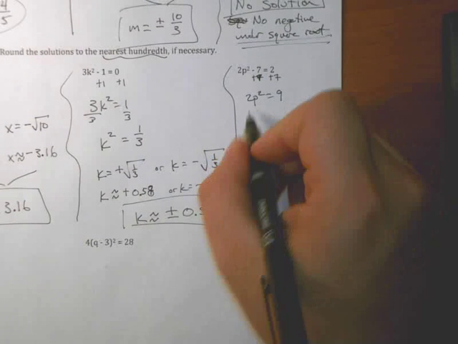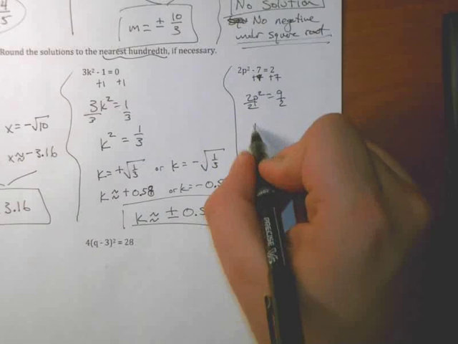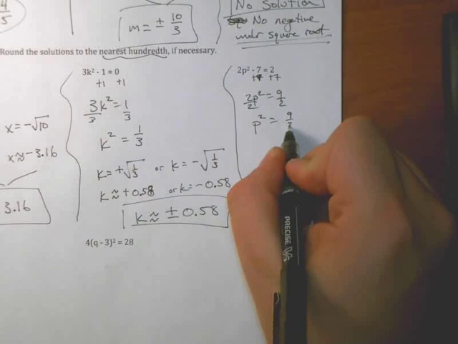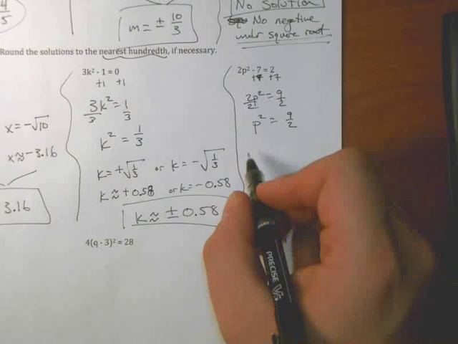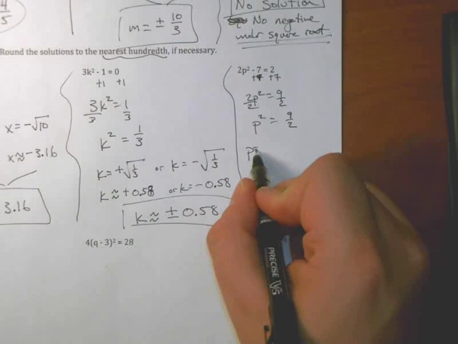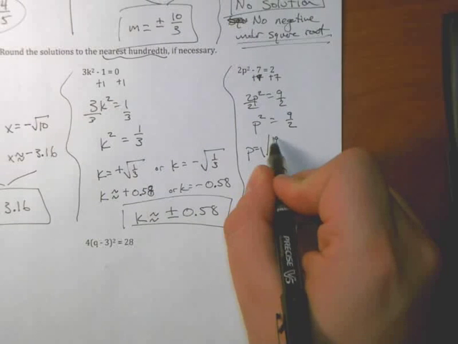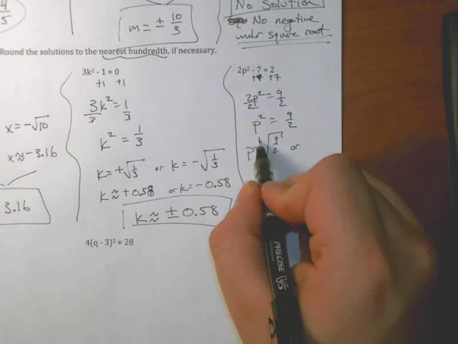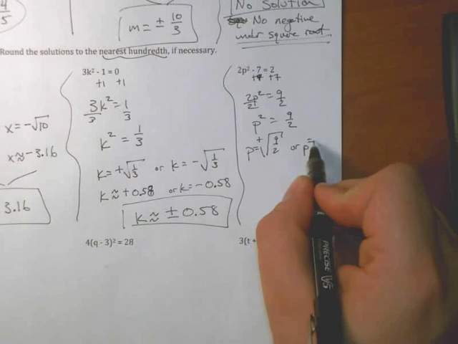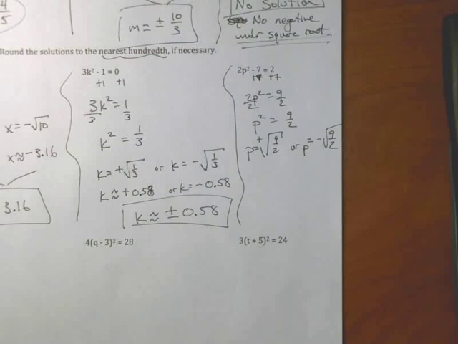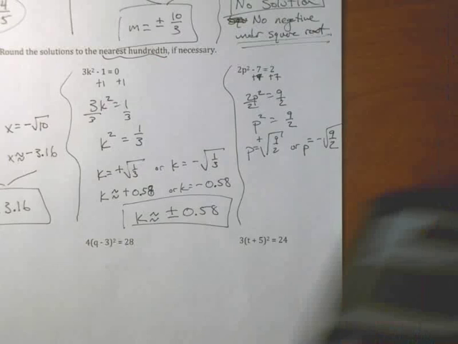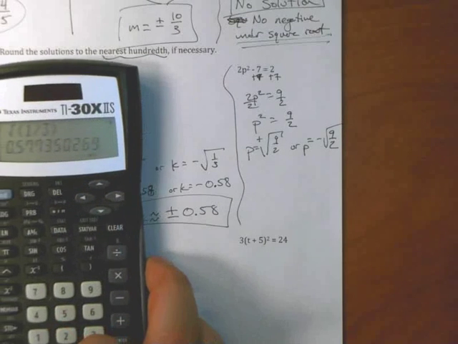For completeness, how about we add 7 to both sides and get 2p squared equals 9, divided by 2, p squared equals 9/2. Find a square root, and I have p is equal to positive square root of 9/2, or p is equal to negative square root of 9/2.